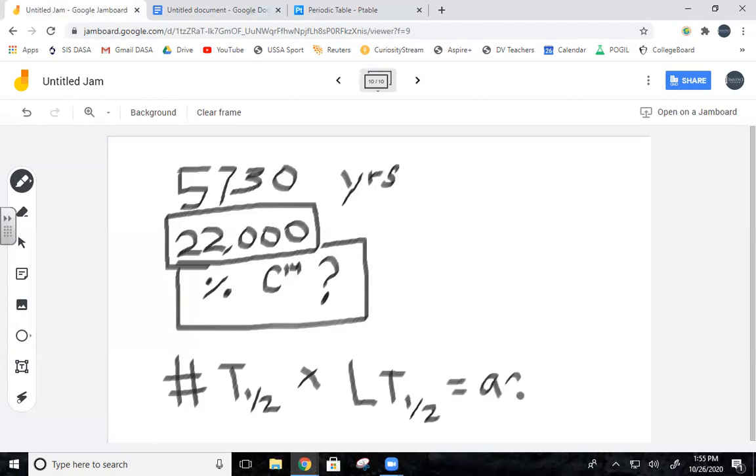If you do not have this equation in your notes, you're doing it wrong. The number of half-lives multiplied by the length of the half-life gives you the age. So we know the half-life, it's this, right?